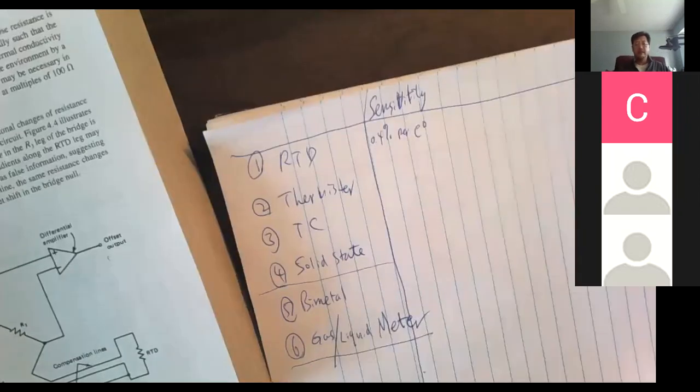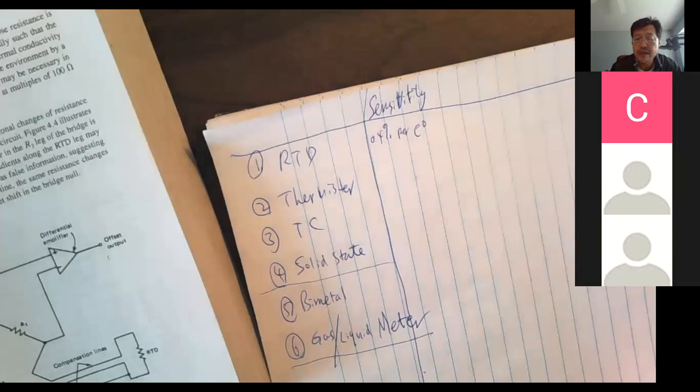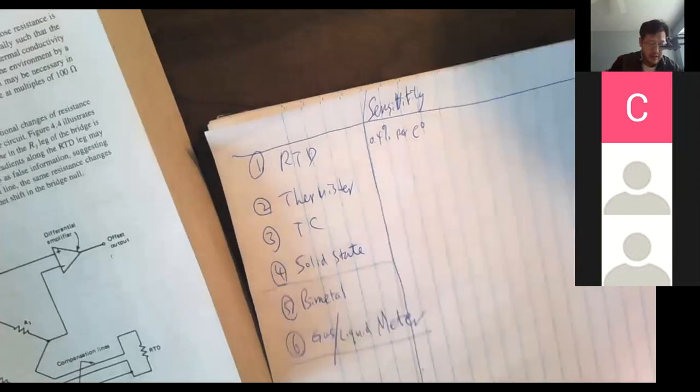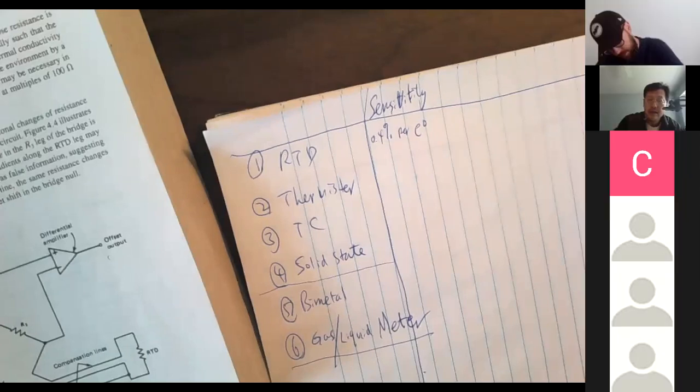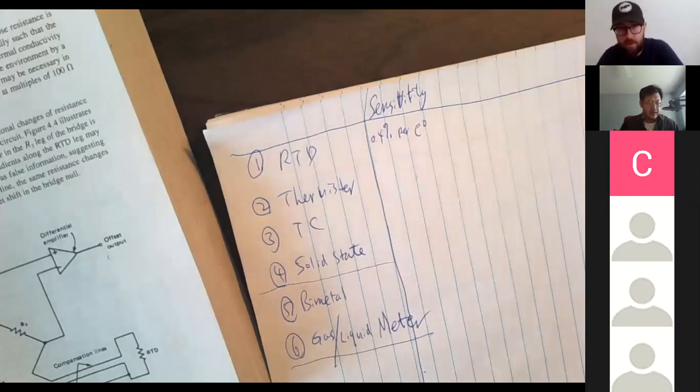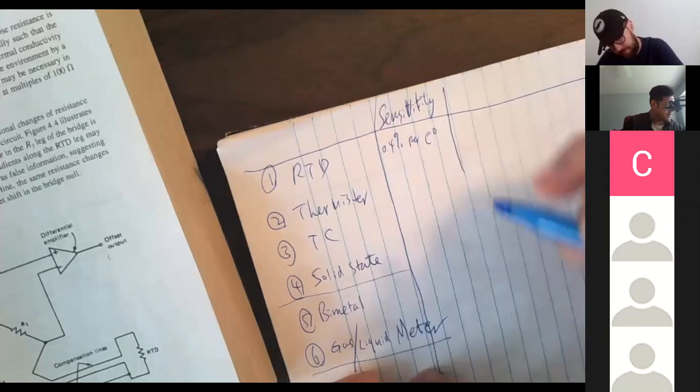So if the temperature of your environment changes by 1 degree, there's only about 0.5% change of resistance. So it is considered not very sensitive. But with the right circuit, we can still detect that change. So that's the sensitivity.